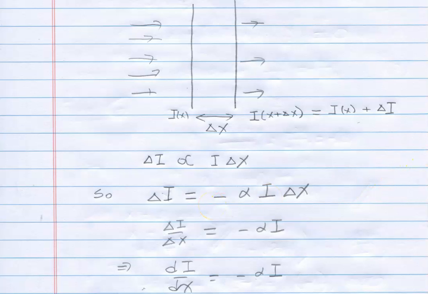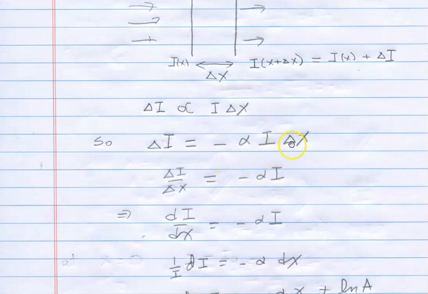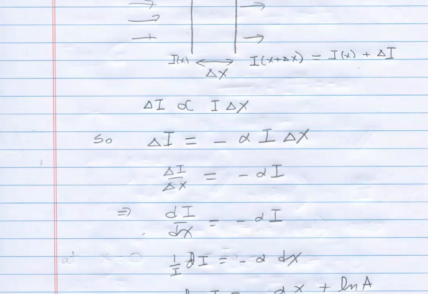I can rearrange those deltas, divide through by delta x, and get this expression. And now then take the limit as delta x gets very, very small, and I get this differential equation where alpha is just a coefficient of absorption that characterizes this media that is absorbing this energy.